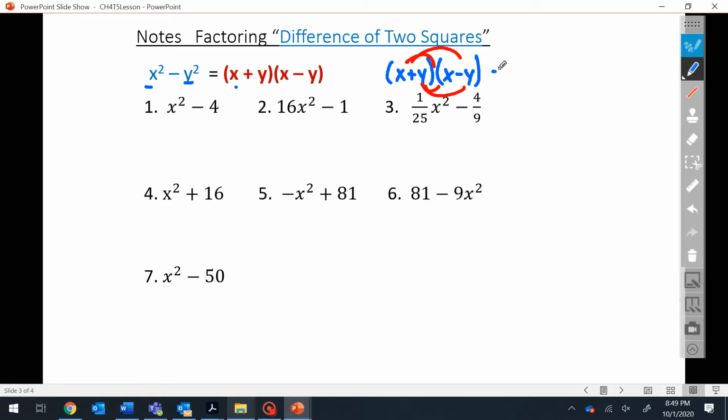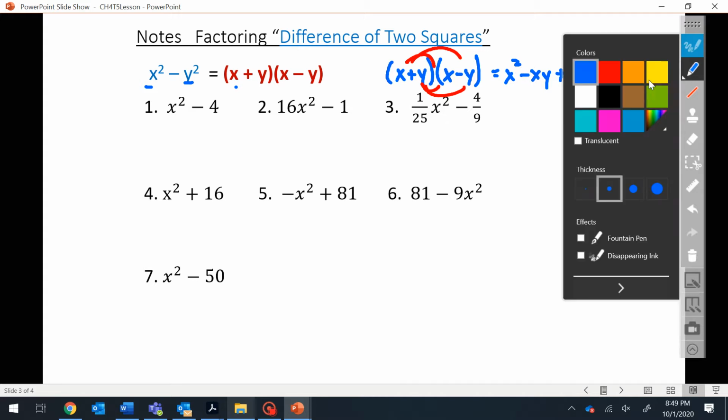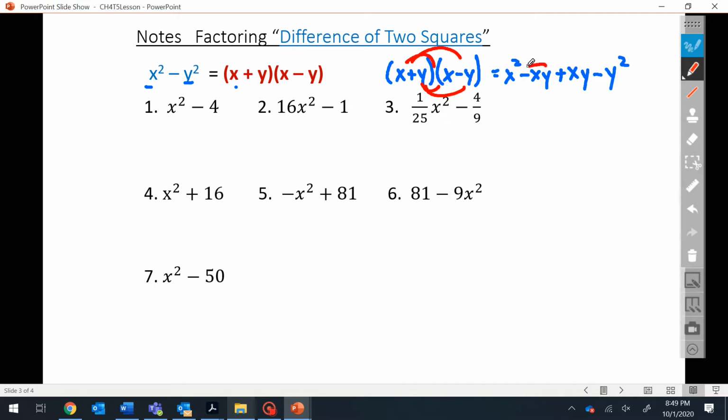Then what we would get is x times x, which is x squared, x times minus y, so that's minus xy, and then y times x, which is plus xy, and then y times negative y, which is negative y squared. And you can see that this minus xy and this positive xy would cancel. And what you would be left with is x squared minus y squared.